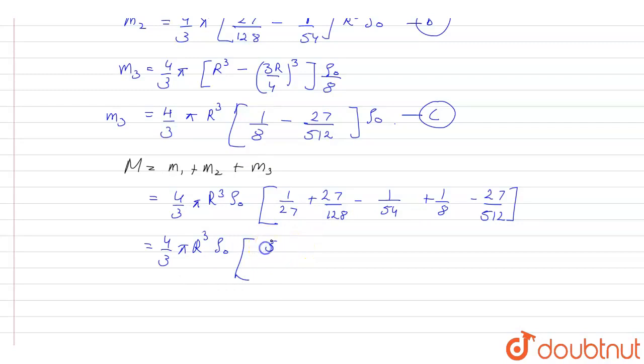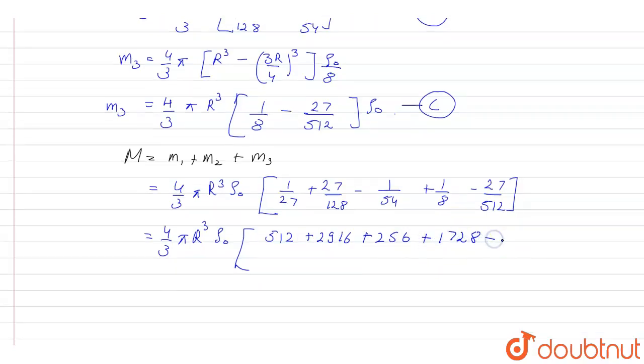I will get (512 plus 2916 plus 256 plus 1728 minus 729) whole upon 13,824.